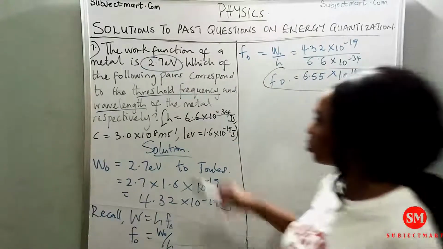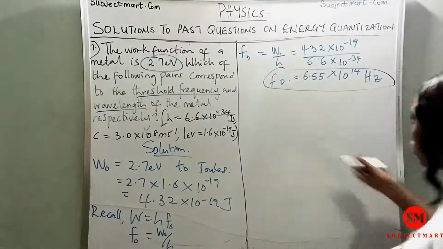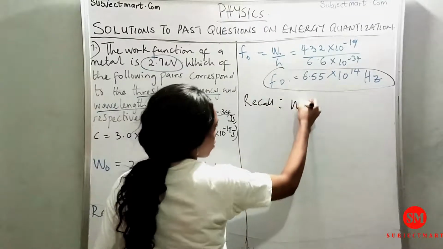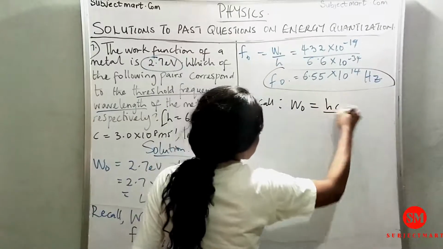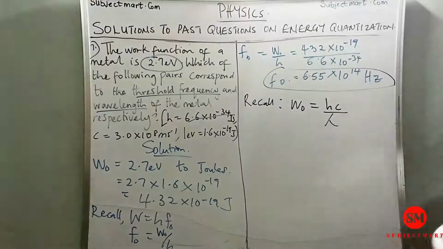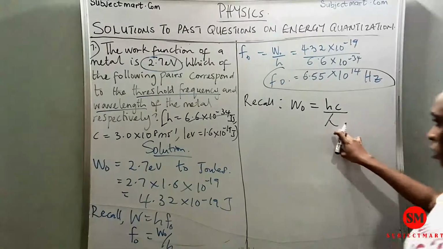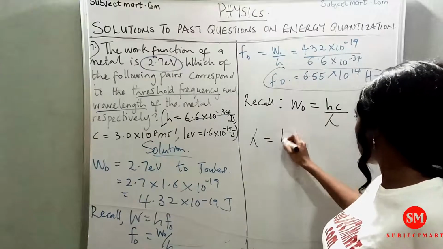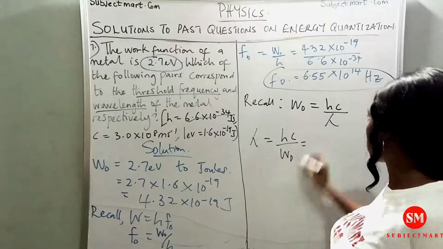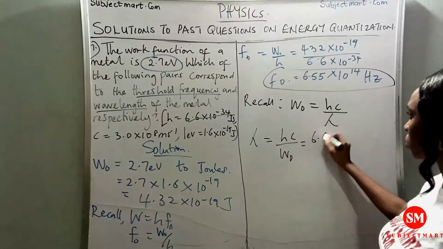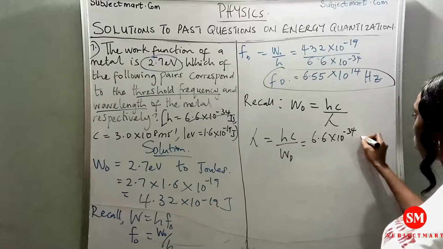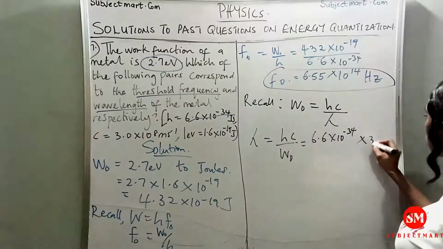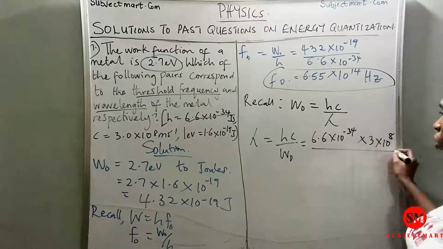The second question says we should find the threshold wavelength. So you recall also that W naught is equal to hc over lambda, which is the threshold wavelength. So if you make this the subject of the formula, we are going to have hc over W naught. Our h is the Planck's constant, which is this, our c is the speed of light, which is 3 times 10 raised to the power 8, over W naught.